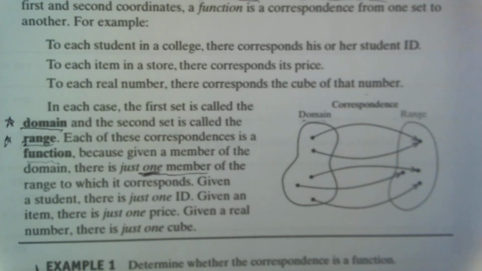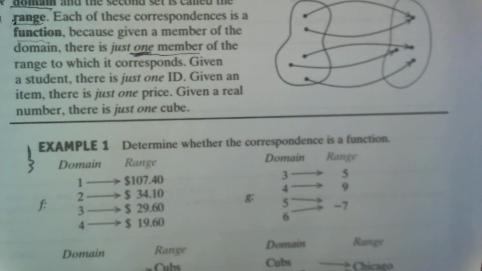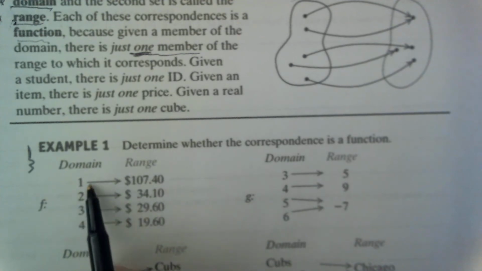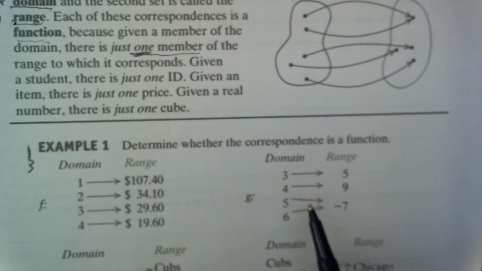And let's look at an example here. Example number 1. Determine whether the correspondence is a function. So here we have one item, and here's the price. Another item, here's the corresponding price, etc. So here we clearly have a function. And here, let's look at that.